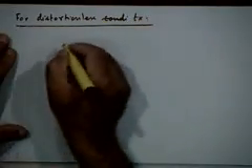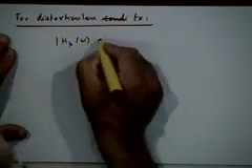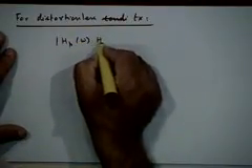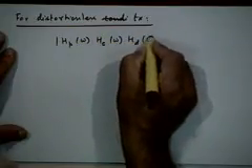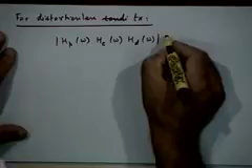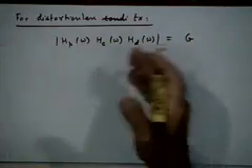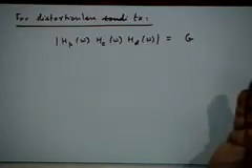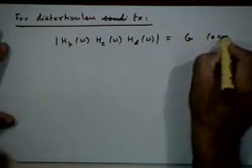And what are the conditions? That the magnitude of the product of these three transfer functions, H_P(omega) times the channel transfer function times H_D(omega), should be equal to a constant over the frequency band of interest. Let's call this G.